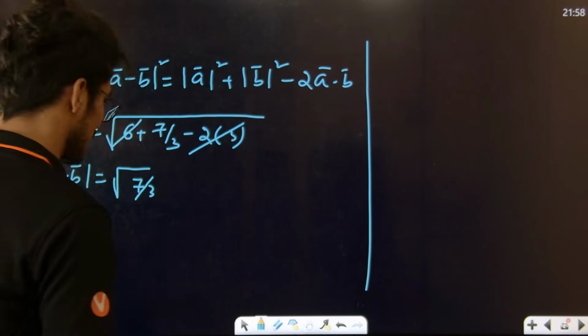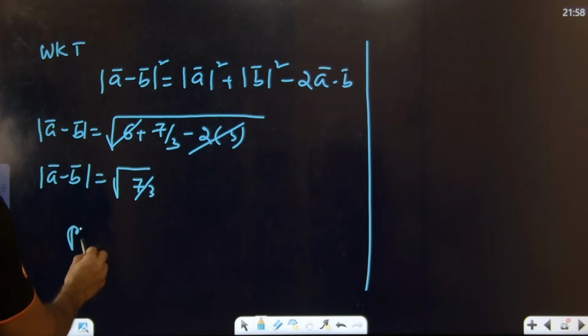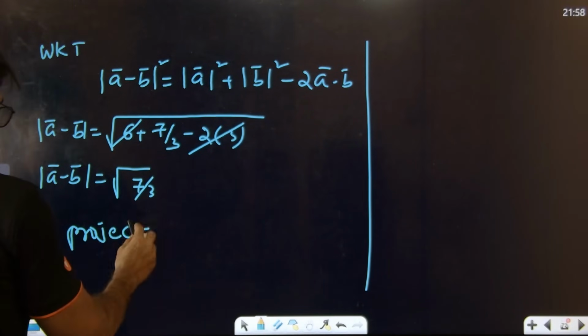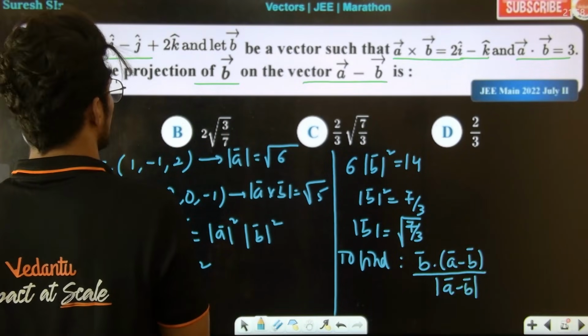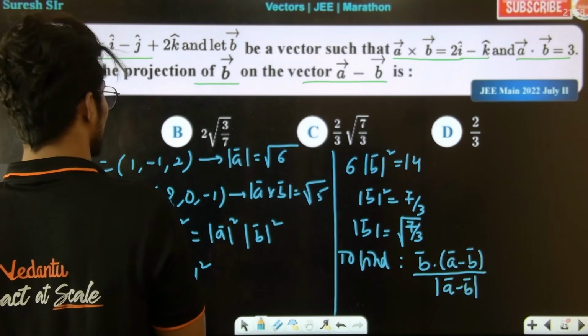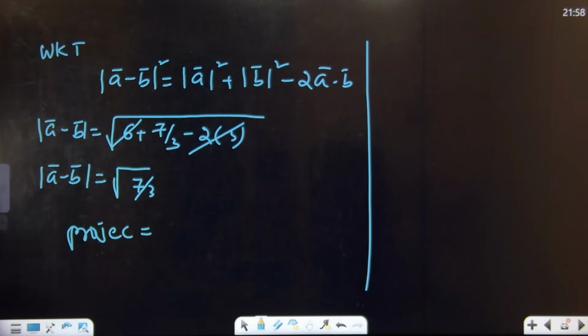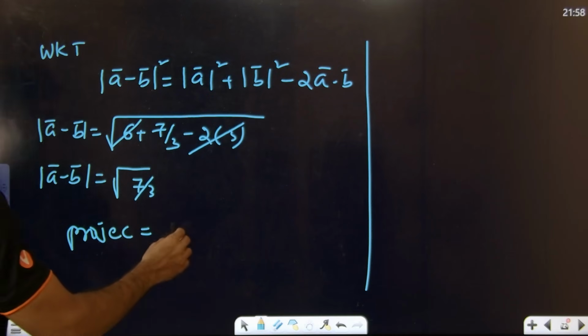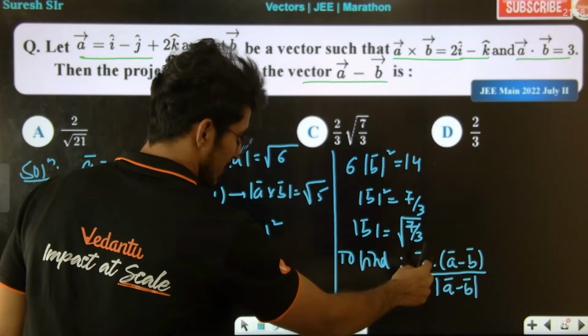Now what I need to find out is this projection. The projection is B dot A minus B. What is the B vector, sir? We got the B vector as something like root 7 by 6 B square. So let me substitute here: B dot this.